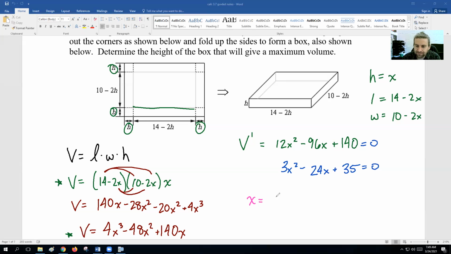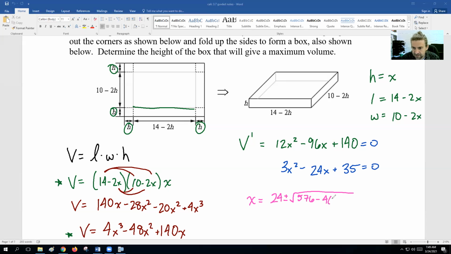Cool, thanks. All right, so we can always try to factor. If not, we can do the quadratic formula. In this section, we're going to have to do it a lot because realistically, these numbers are not going to come out perfectly. So we have x equals negative b plus or minus the square root of b squared minus 4ac, all over 2a. 24 squared is 576.